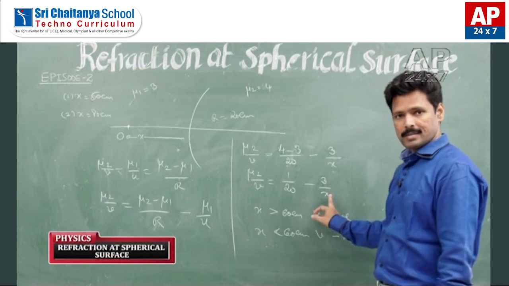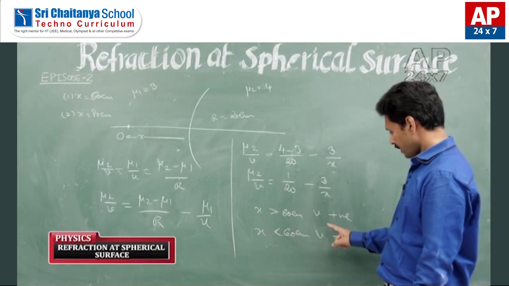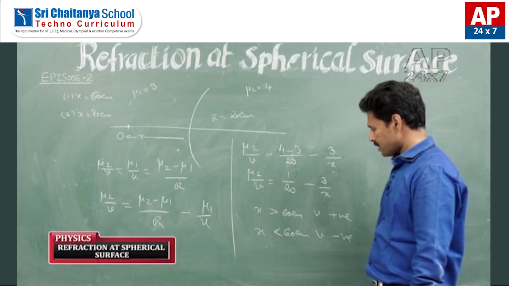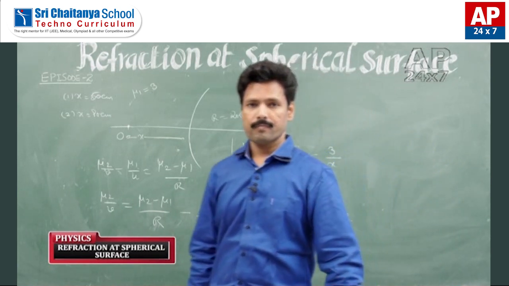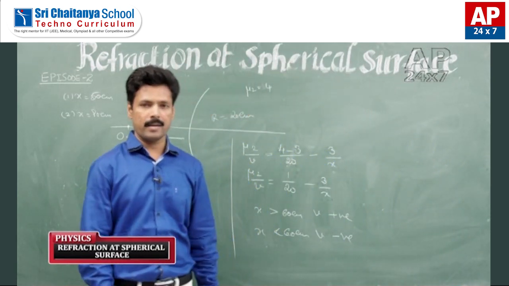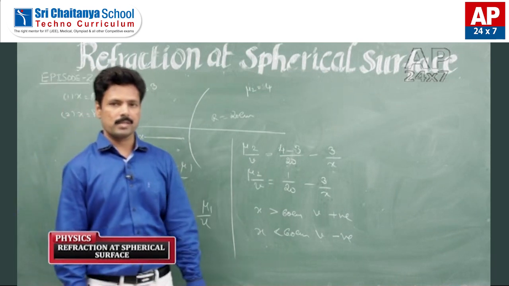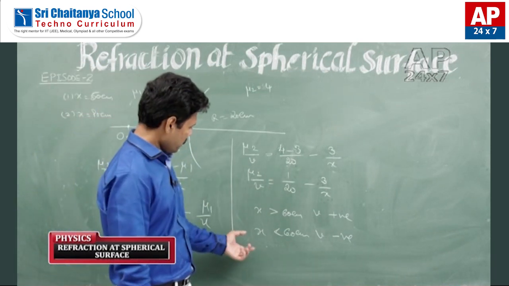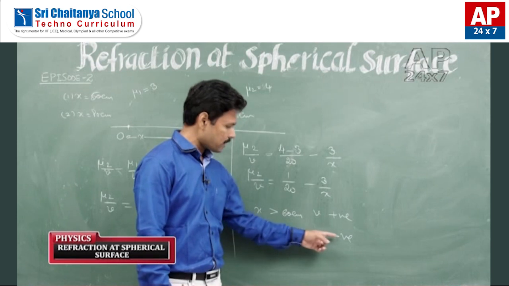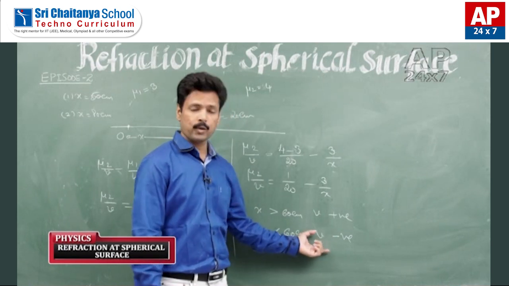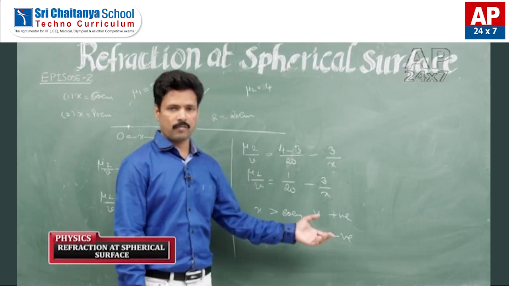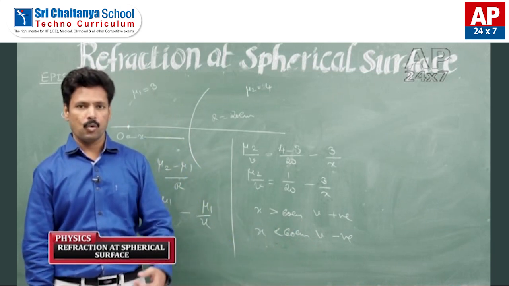That means if x is greater than 60, v positive. So what is the meaning of v positive? v positive means image is real. Next, x is less than 60, then v is negative. So what is the meaning of negative? v negative means image is virtual.